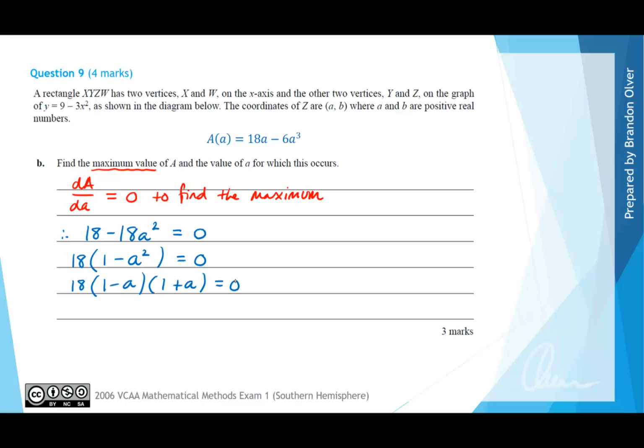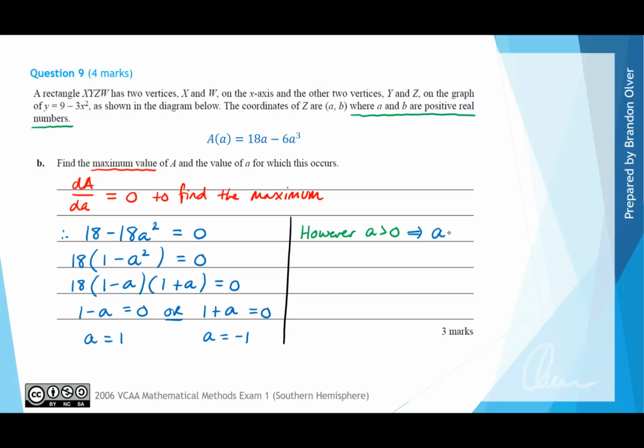Using the null factor law, 1 minus a could equal 0, or 1 plus a is equal to 0. Solving both of those equations, we find that a equals 1 or a equals negative 1. However, from the question we know that a and b are positive real numbers, which means that a equals positive 1 is the value of little a that gives the maximum area.